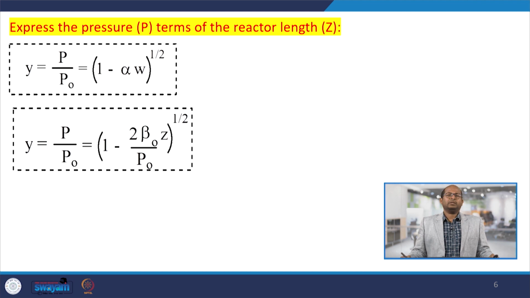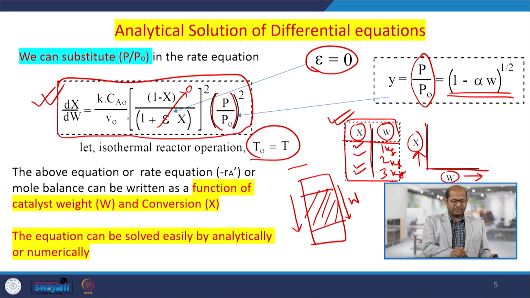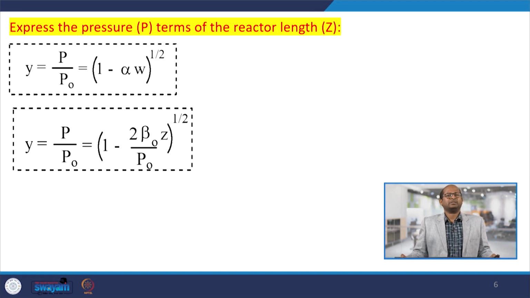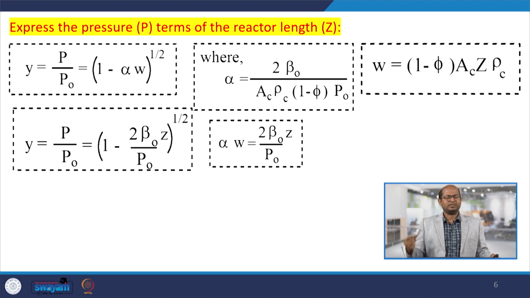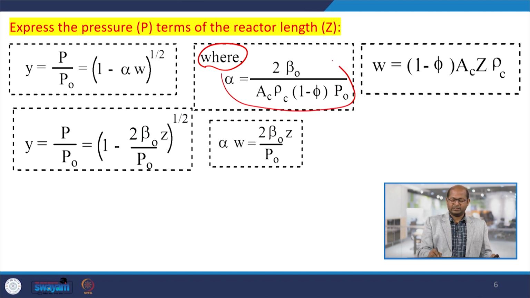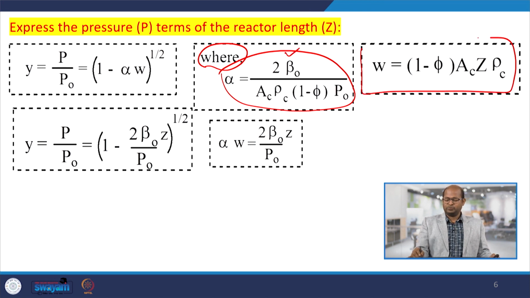Using these equations, here we have derived dx by dw in terms of catalyst weight. Now, z is the length of the reactor bed. If we want to express that in terms of catalyst bed length or reactor bed length, we know alpha and beta, that is the pressure drop parameter, and how the weight of the catalyst and the length of the reactor are related.